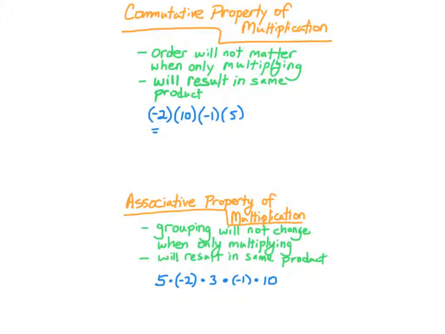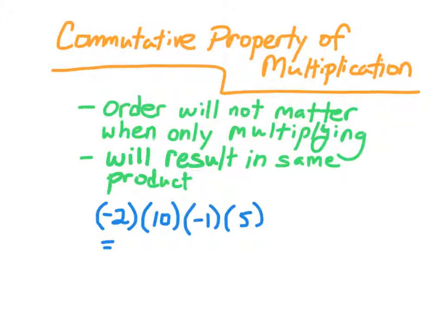So the next version of the commutative property, and the only other version of the commutative property, is going to say that order is not going to matter when only multiplying. Oh shoot, there's a typo there. Oh, will result in the same product. No, that's right. So the product won't change if I change the order.